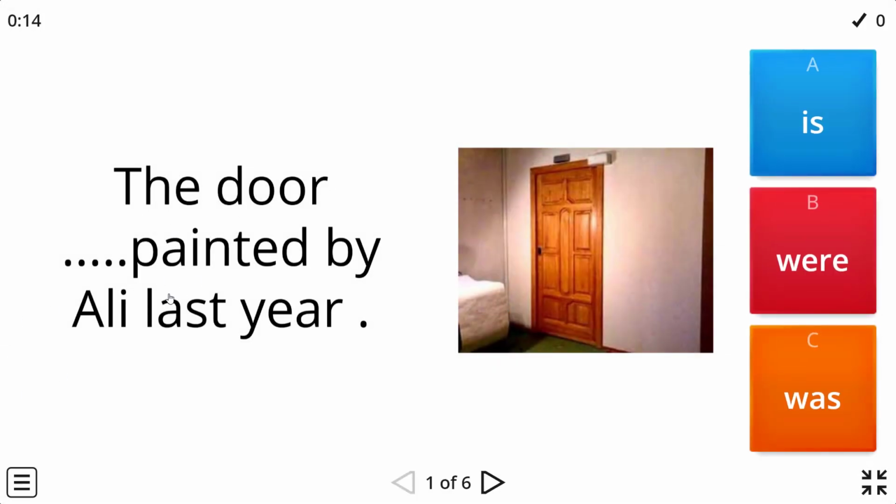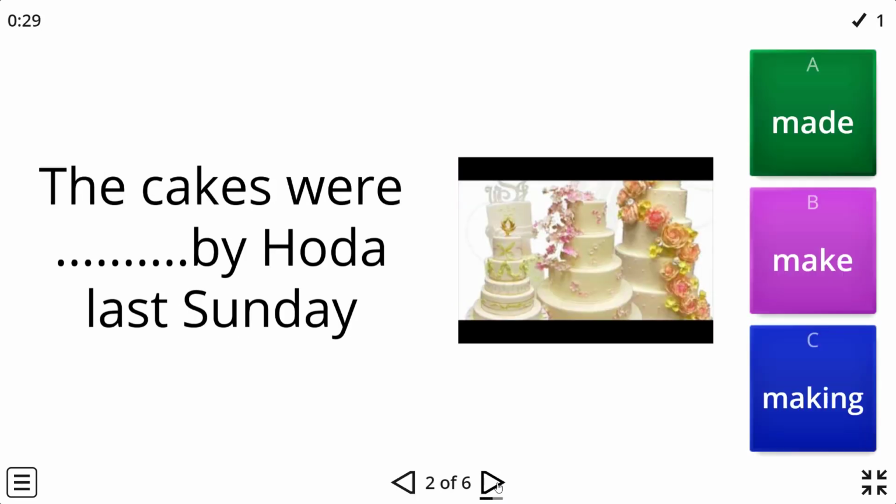The door was painted by Ali last year. Is, where, was. Number 2.